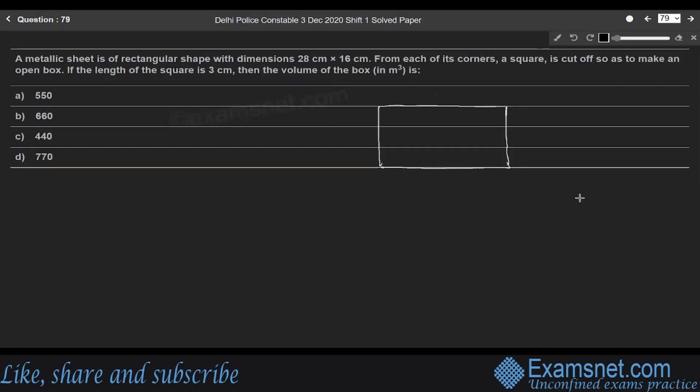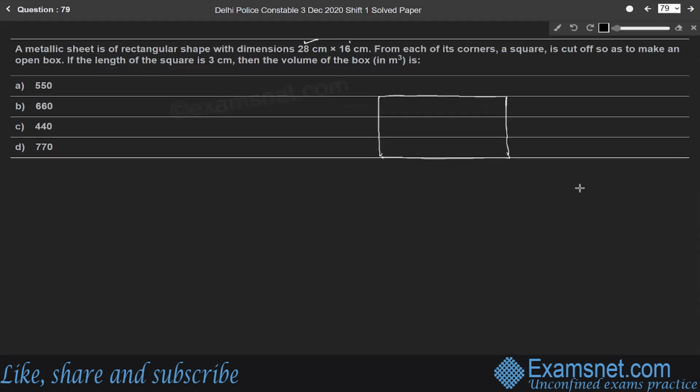Question 79. A metallic sheet of rectangular shape with dimensions 28 centimeter and 16 centimeter. From each of its corners, a square is cut off so as to make an open box. If the length of the square is 3 centimeter, then the volume of the box is. So consider a metallic sheet of rectangular shape whose dimensions are 28 centimeter, length and breadth 16 centimeter.